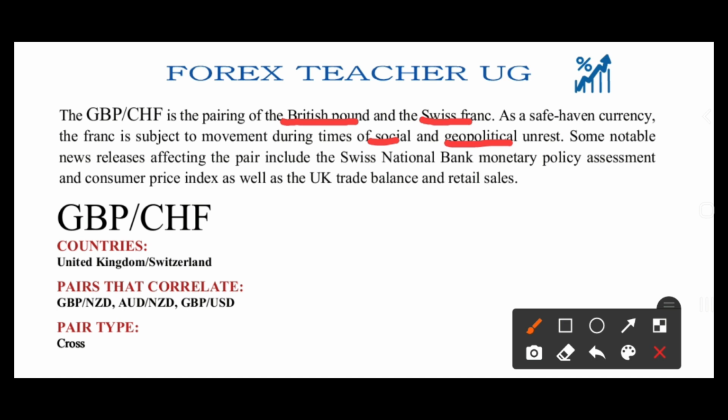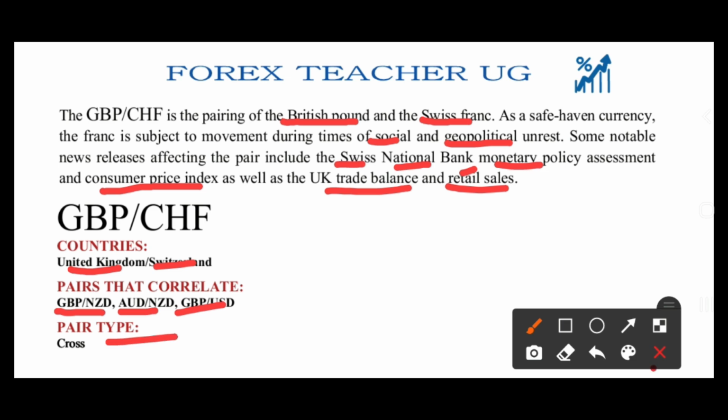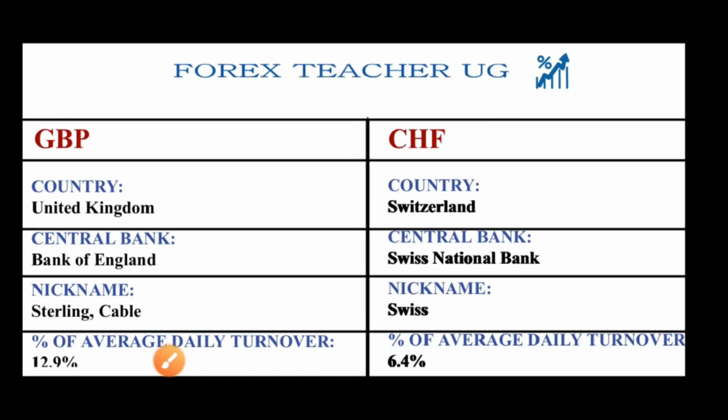Some notable news releases affecting the pair include the Swiss National Bank monetary policy assessment and consumer price index, CPI, as well as the UK trade balance and retail sales. So these are the countries: United Kingdom and Switzerland. The currencies it correlates with are GBP NZD, AUD NZD, and GBP USD, and it's a cross pair.